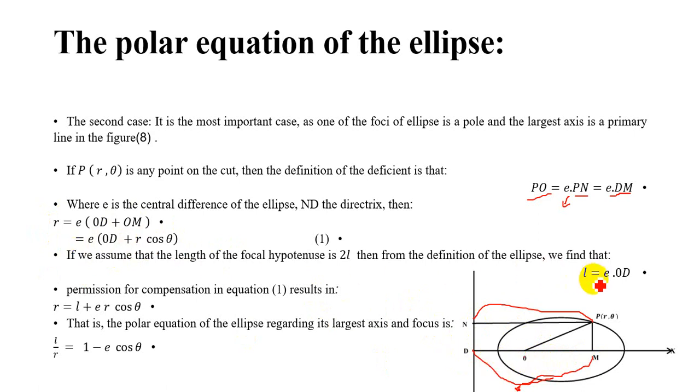To get OD, we will get it from the chord, and then r will be equal to l plus e r cosine theta. If you want to get the polar function, we will take r outside, it will be l over 1 minus e cosine theta, and that will be the end of our lecture.